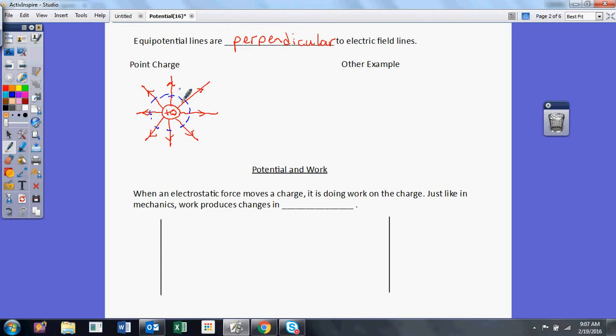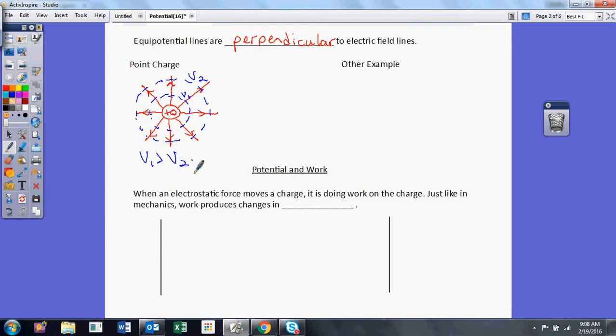So you end up with a circle of equal potential. I'm going to call that V1. And we have another circle of equal potential over here, and I'm going to call that V2. And you'll notice here that because the electric field lines point from high potential to low potential, we could see that V1 would be greater than V2.